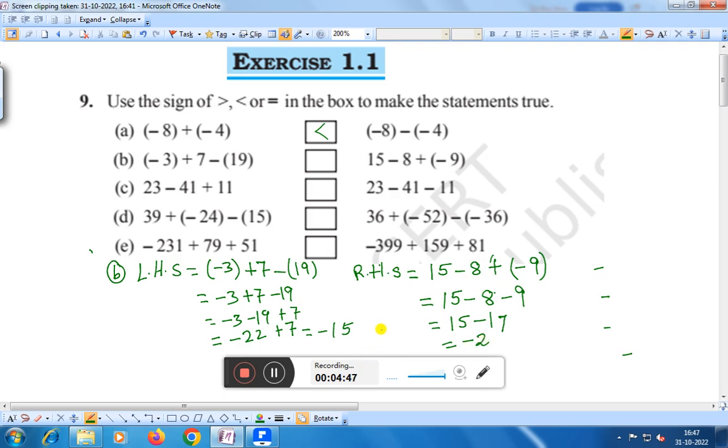Now you see that minus 15 is less than -2. Therefore, this one is less than. It is question number B.